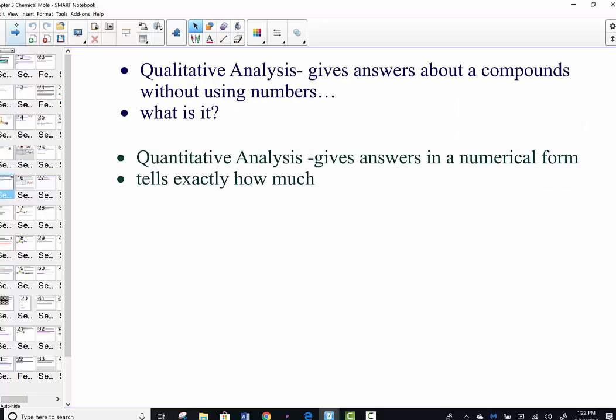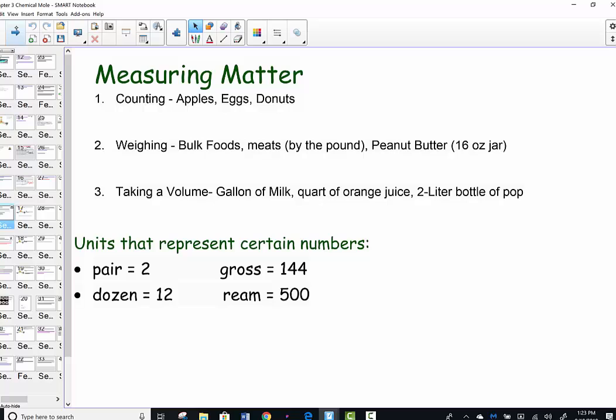So answers given to us with numbers are quantitative. If answers are not in numerical form, but rather description, observation-based, we know that's qualitative analysis. In chemistry, you will have your share of both.